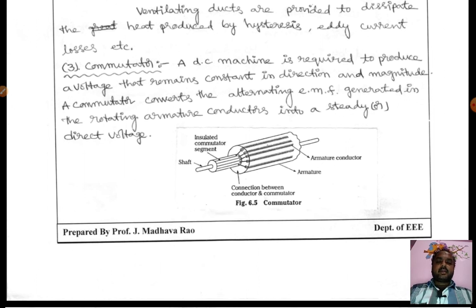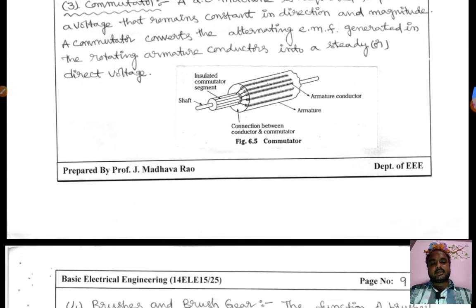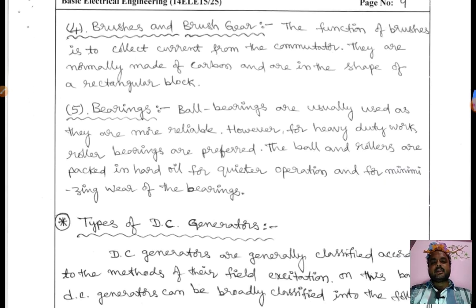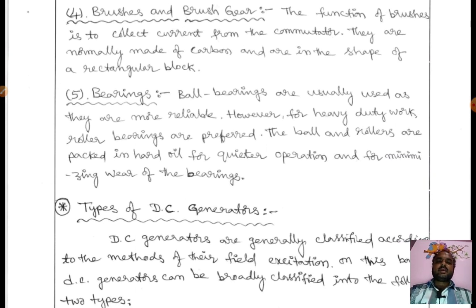A commutator converts the alternating EMF generated in the rotating armature conductors into a steady or direct voltage. So this is about the commutator. Brushes: the simple thing is the brushes will collect the current from the commutator. They are normally made up of carbon and in the shape of a rectangular box.